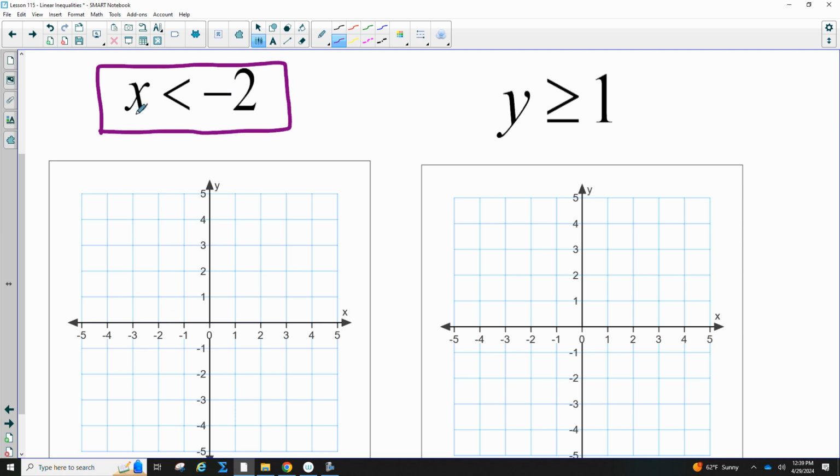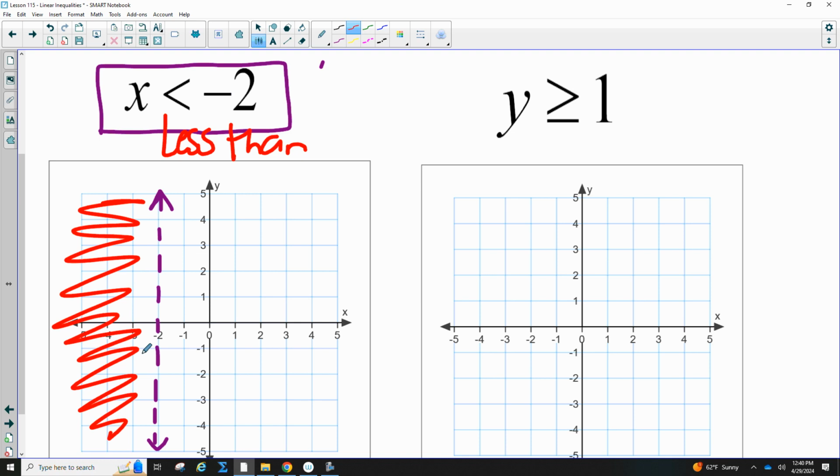Yeah, so we've got our dashed line here that we're going to put through -2 on the x-axis. Now, this one says less than. However, this one you definitely cannot do above or below. But you can think about what would be less than -2 on the x-axis. Do you think less than is over here or here? Agreed, less than would be less than -2 on the x-axis.